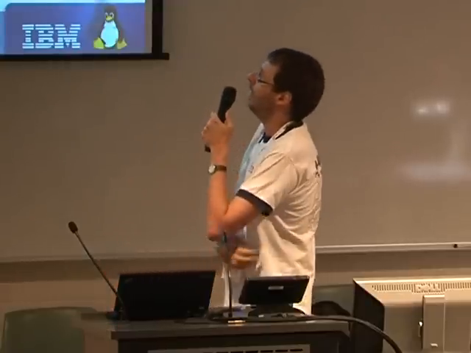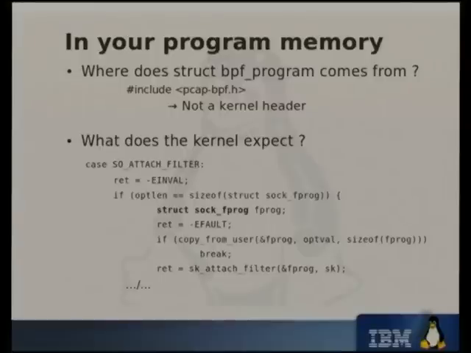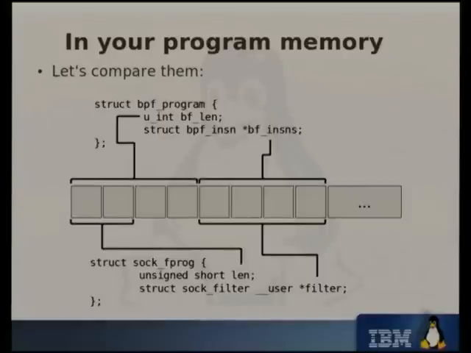Why? Well, the definition of that structure comes from the include file, which is not actually a kernel header. That include file comes from libpcap. If you look at the kernel source code, what it expects is a different structure called struct sock_fprog. If you compare those two structures, you notice that they are fairly similar, except that the first field, which defines the length of the program, happens to be an int in bpf_program and a short in sock_fprog.